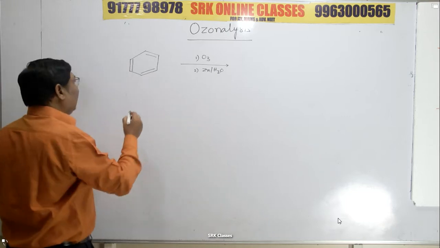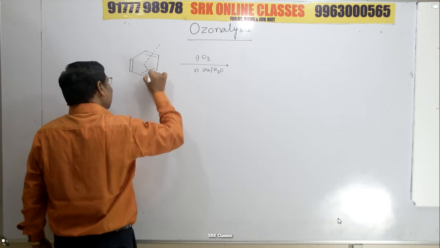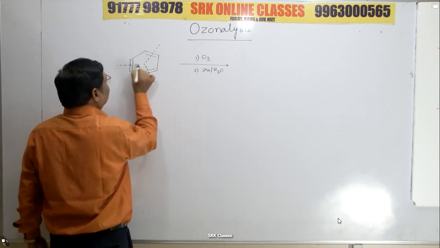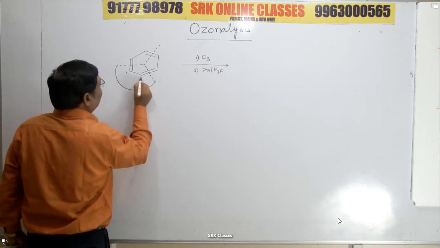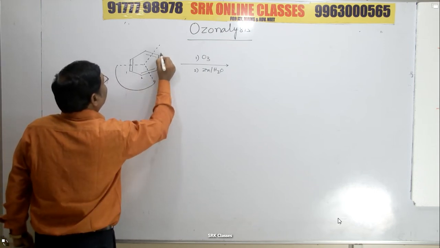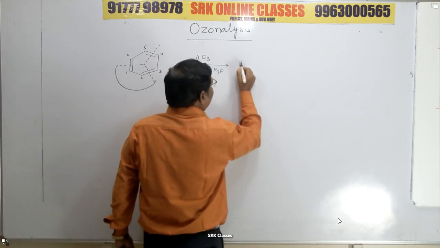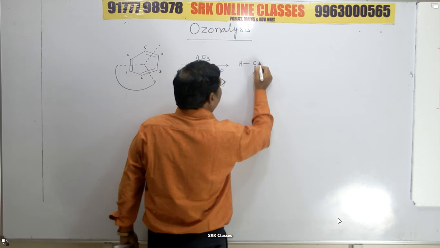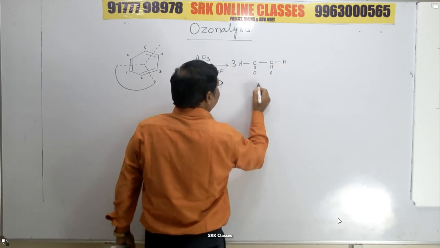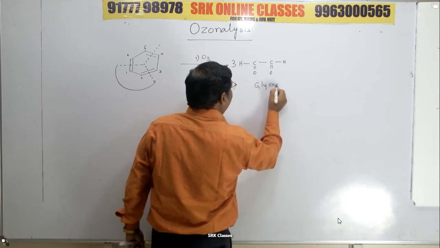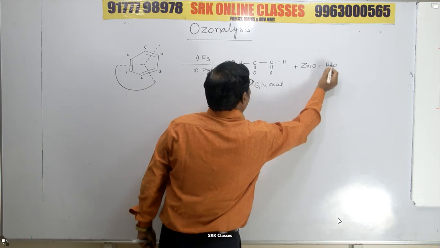Three double bonds are there. This is one double bond cleavage, this is another double bond and this is another double bond. Now each part, you take anything: this is first carbon, second, third, fourth, fifth, sixth. All three are identical, that is nothing but H, C double bond O, C double bond O, H. Three molecules are formed. This is called glyoxal, plus zinc oxide and H2O.